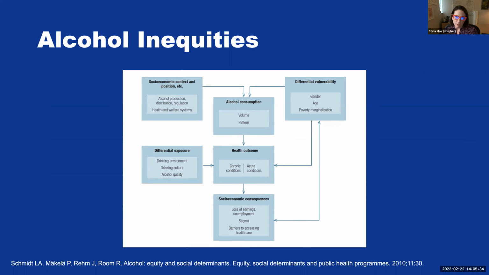There are differential vulnerabilities, and there are really structural and other interpersonal contextual factors that lead to those inequities. So you'll see when I get to my models and how I think about some of this, to me, this is a really important question to understand around alcohol use.